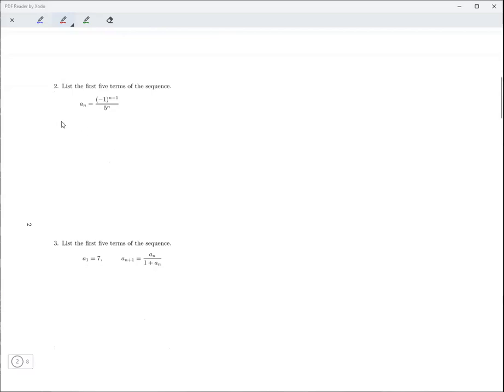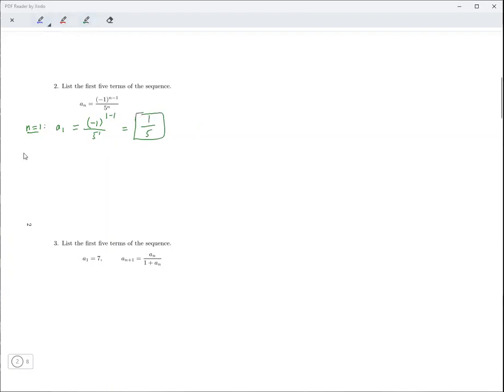So a sub 1: if you set n equal to 1, then that's a 1 right there, and 1's here and here. 1 minus 1 is 0. Negative 1 to the 0 is 1. And so that's going to be 1/5.